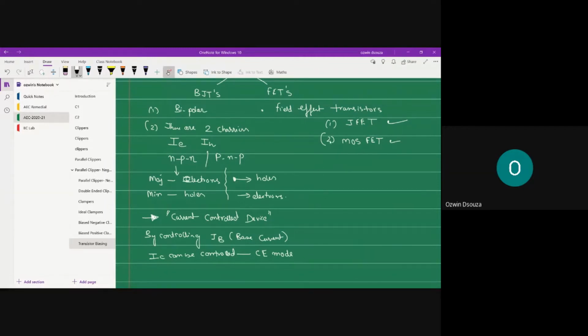Now, in case of JFET and MOSFET, anything you consider, either you will have a larger N channel or you will have a larger P channel in the device structure.